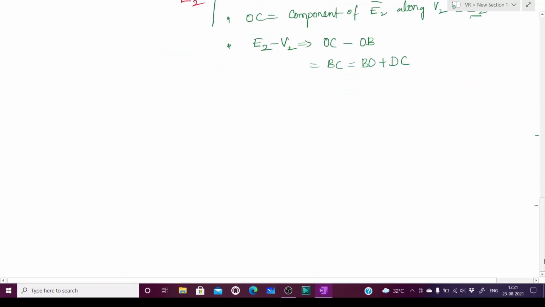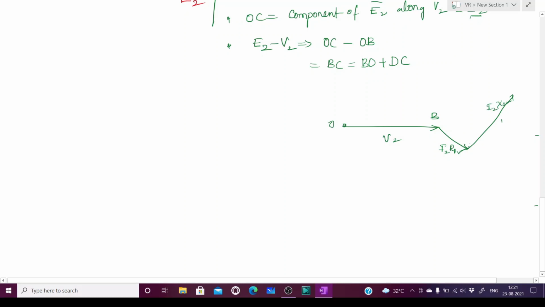So let us say this is V2, so OB, this is the V2 vector. Here we have I2 R02 and this is I2 X02.